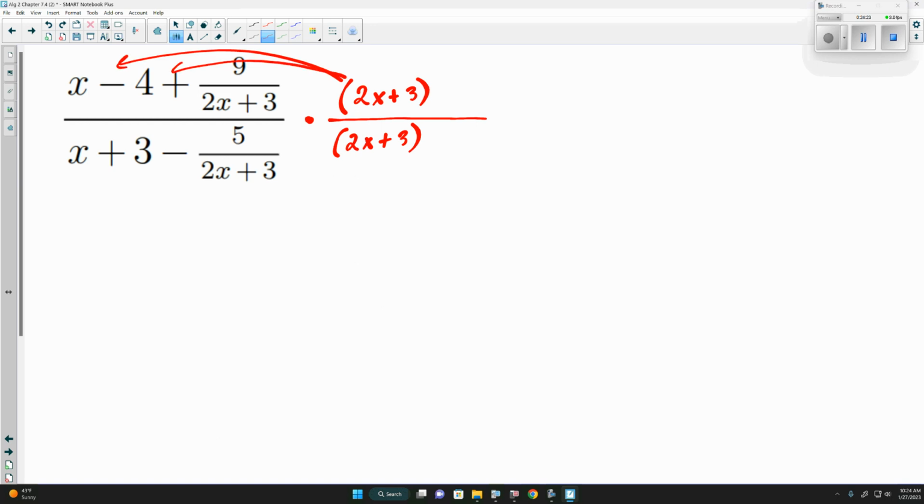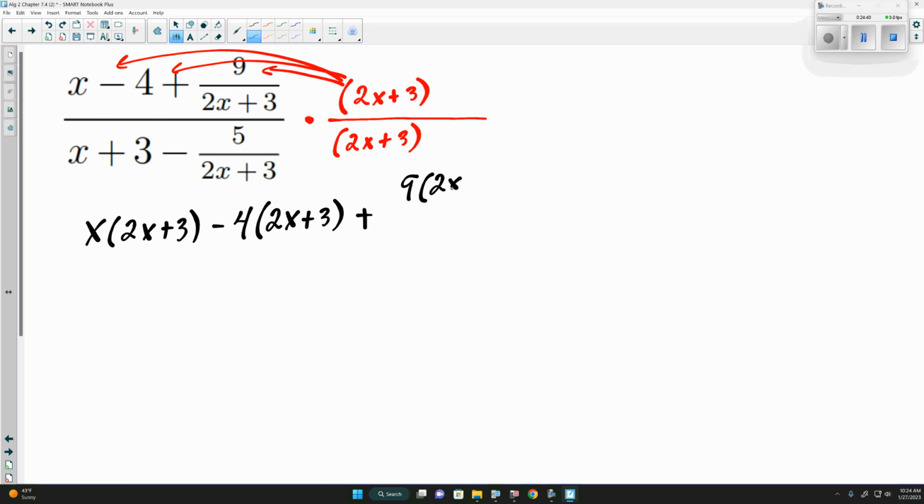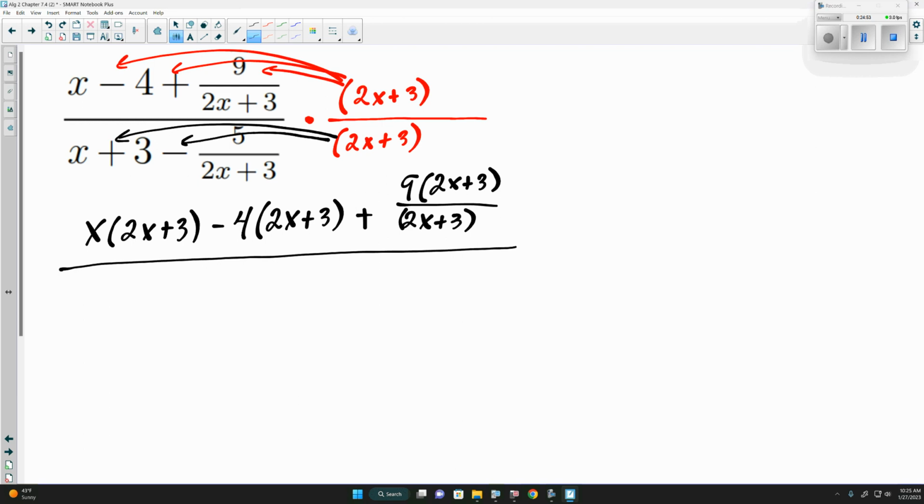So we're going to multiply each one of these terms by this here. We're going to have x times (2x plus 3) minus 4 times (2x plus 3) plus 9 times (2x plus 3) over 2x plus 3, all over, and we'll do the same thing in the bottom of the fraction.